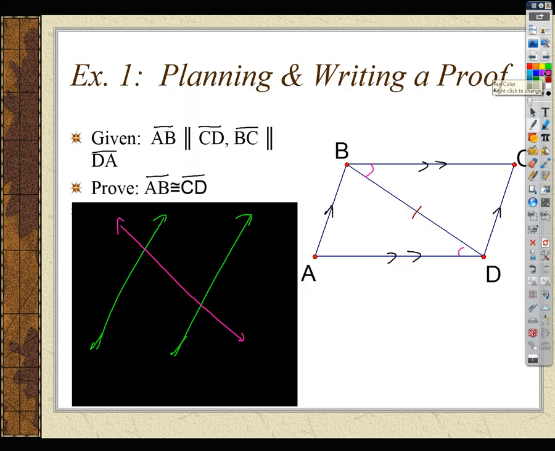In this picture right here, which angles would be congruent? Let me label them for you: angles 1, 2, 3, 4, 5, 6, 7, 8. There's a bunch we could show. Give me one pair of congruent angles. 1 and 3 would be okay. How about between this set and this set?